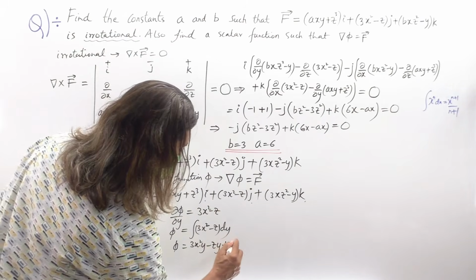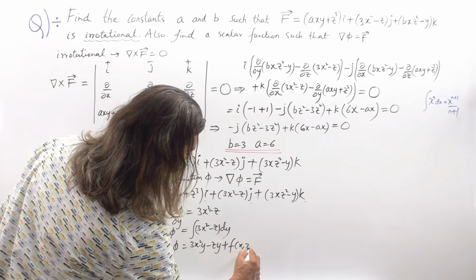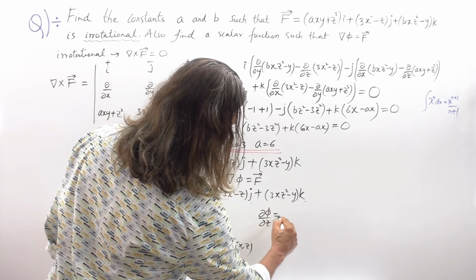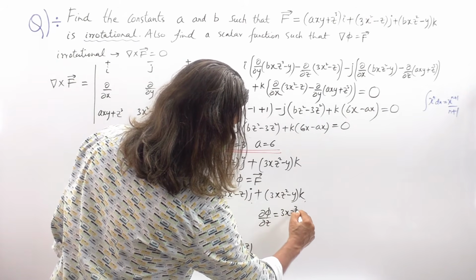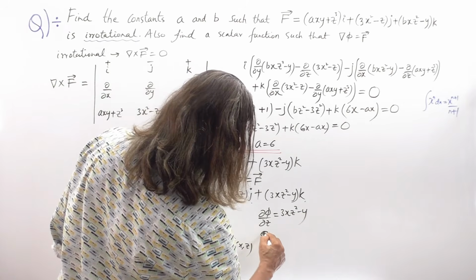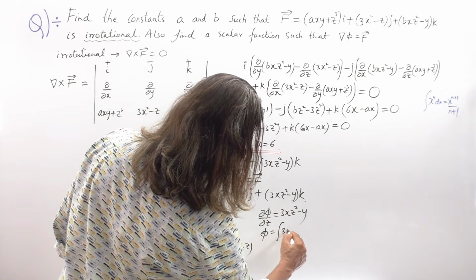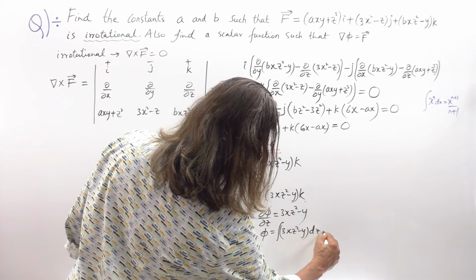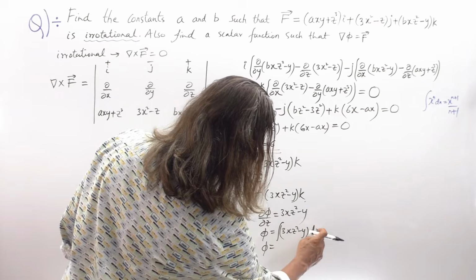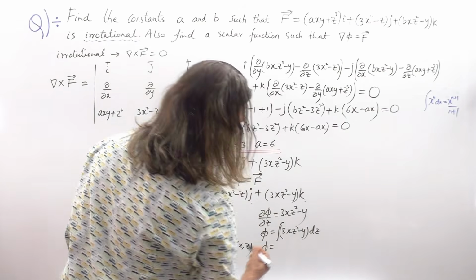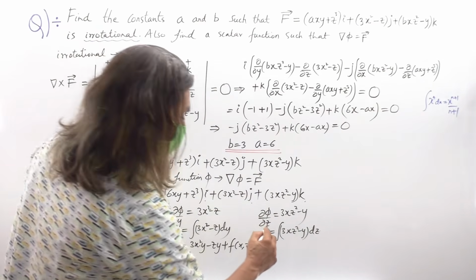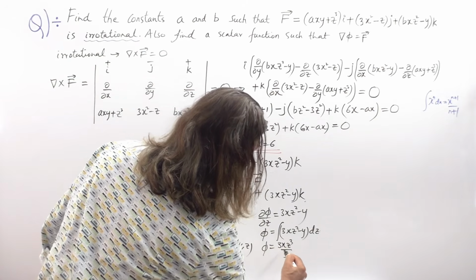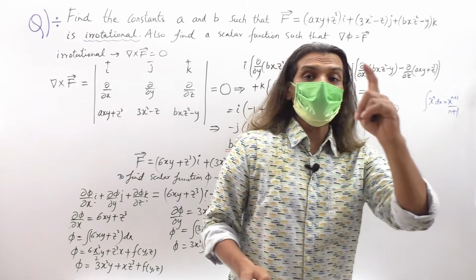So we write plus f of x comma z, and finally we have dou phi by dou z is equal to 3 x z square minus y. So we have phi is equal to integration of 3x z square minus y dz. Since we are integrating with respect to z here, z square is there. So 3x as it is, integration of z square is z cube by 3, because integration of x raised to n dx is x to n plus 1 by n plus 1.